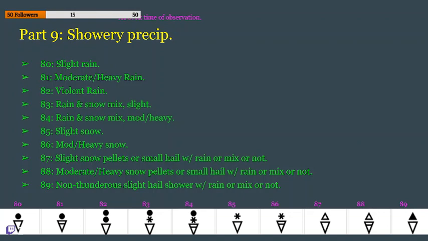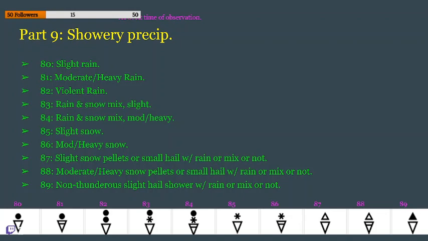And that's how ice cream cones apparently are the interpretation for showery precipitation. I don't know why this is a thing, but I mean, it has to be different for something else, am I right? So of course, 80 is your single scoop with your slight rain. 81, I presume that is your sugar cone, and that is your moderate to heavy rain.